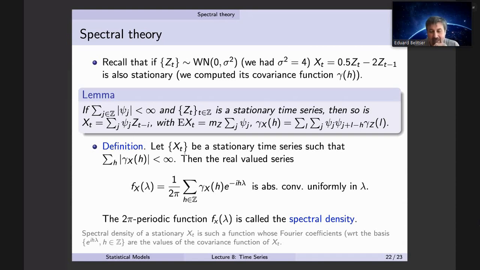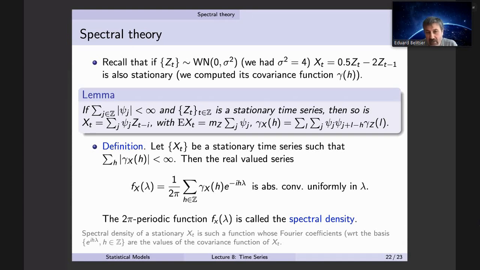Let's just assume that this autocovariance function is such that these are all numbers, indexed by h, where h is an integer from minus infinity to plus infinity. So these are a whole bunch of numbers.